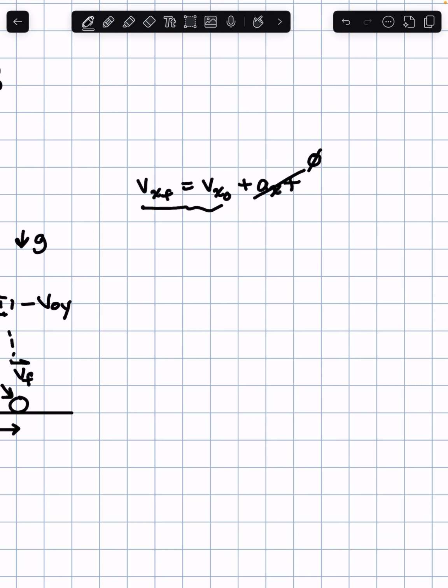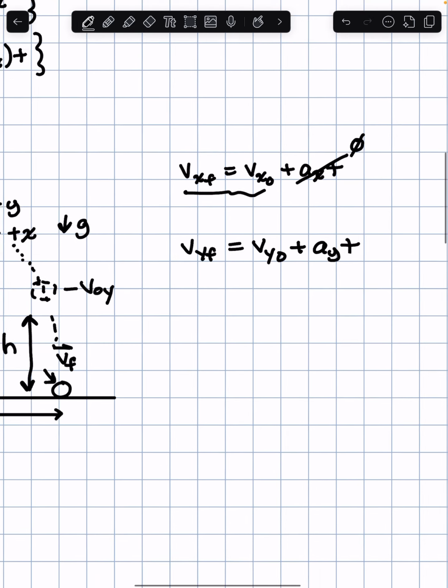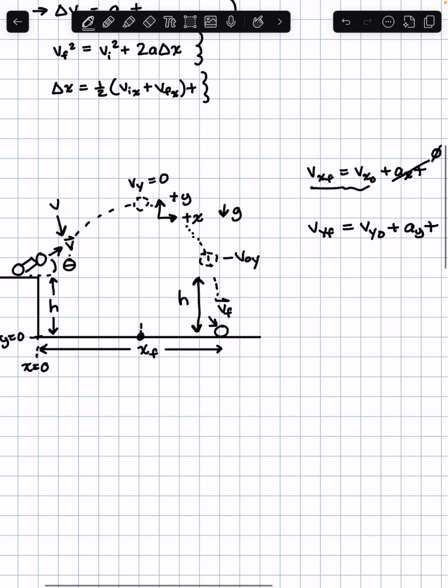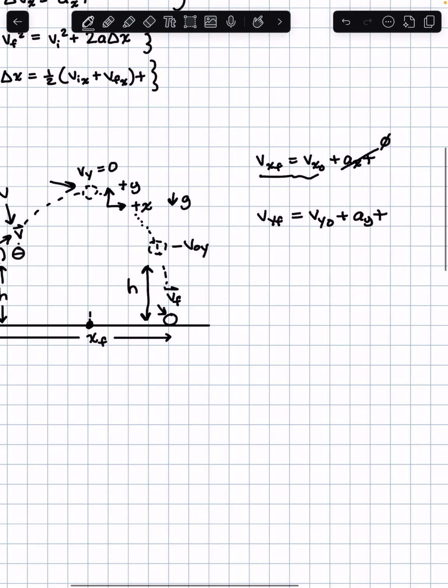So now let's look at our Vyf. It's going to be equal to Vy naught plus Ayt. Now let's consider where we're going to take our Vy naught. We could take it from here, where it is still in the cannon with its very, very initial velocity, or we could take it at the top of its trajectory right here, or we could take it down here.